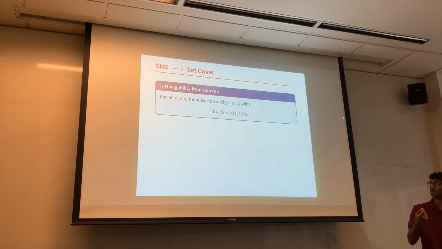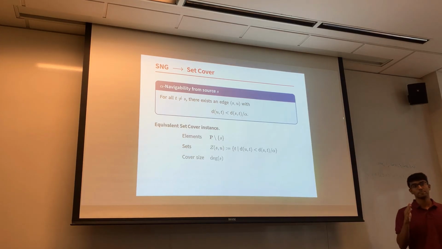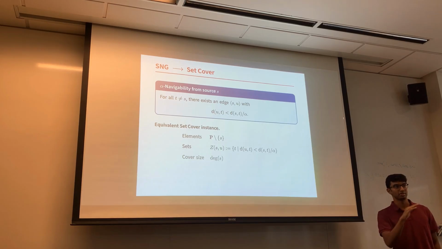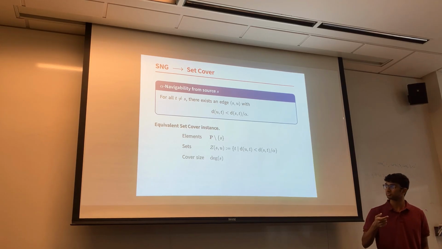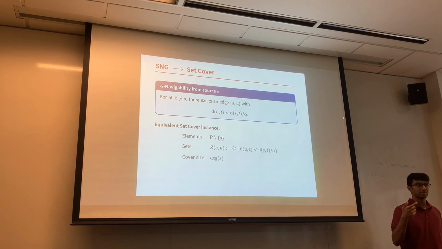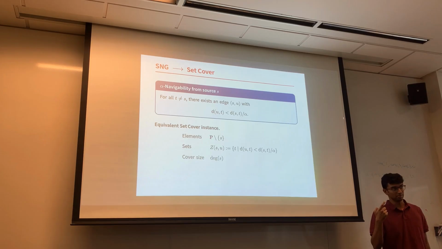If you stare at this for a bit, you might notice that this is equivalent to an instance of set cover, where the elements of set cover correspond to all the targets that I want to cover, everything other than S. And every edge S to U corresponds to the set of targets that that edge would cover, every target for which the edge moves me closer by a factor alpha. The size of your set cover then is in correspondence with the degree of S in your alpha navigable graph.